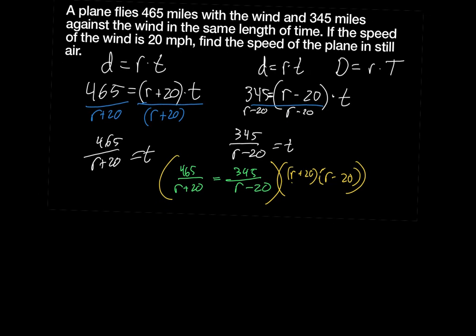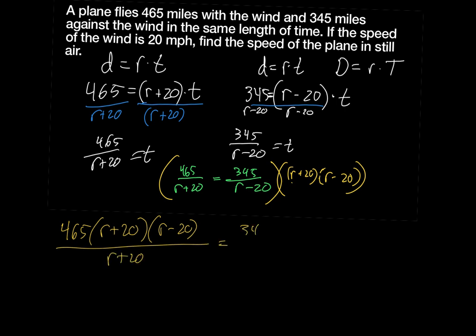So when I do that, I will have 465 times (r plus 20) times (r minus 20) all over (r plus 20) equals 345 times (r plus 20) times (r minus 20), and this side is all over (r minus 20).